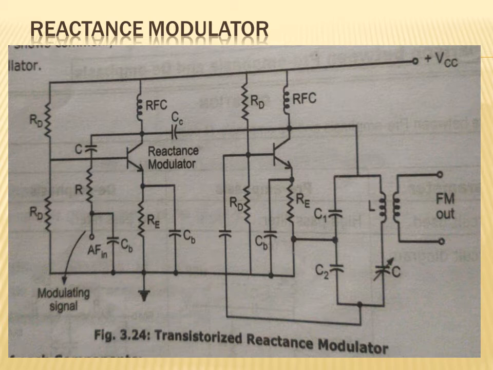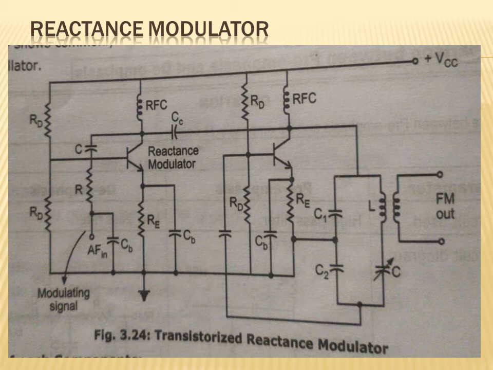So this reactance modulator consists of two parts. The first is the reactance modulator shown in the figure, and the remaining part is the oscillator circuit. Plus VCC is applied to the collector terminals of both the reactance modulator and the oscillator circuit.